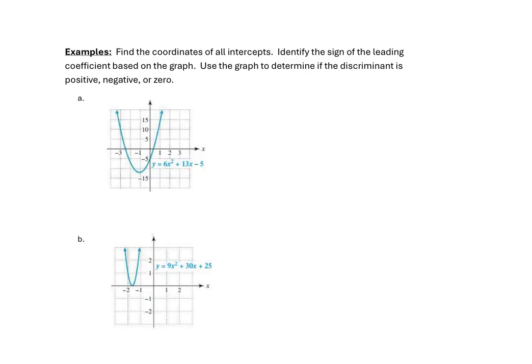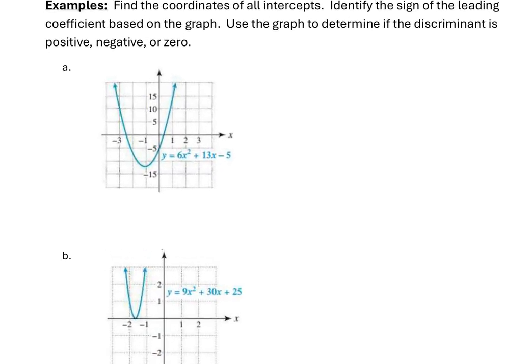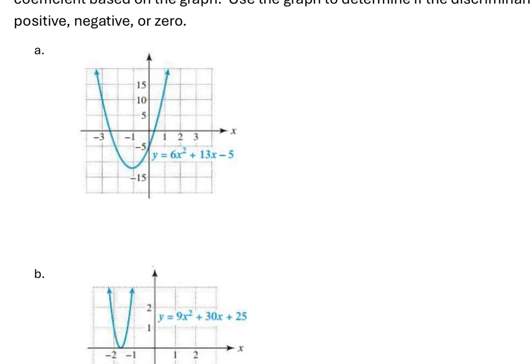We want to be able to identify the sign of the leading coefficient, and even though the equations are given to you, we want to verify it graphically. And then we want to use the graph to determine if the discriminant is positive, negative, or 0. All right, let's start with example A.